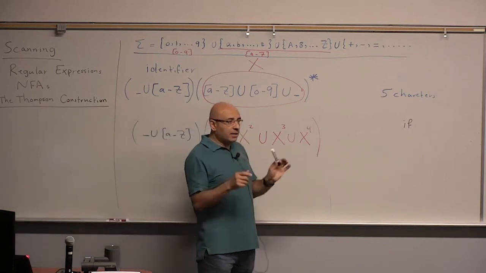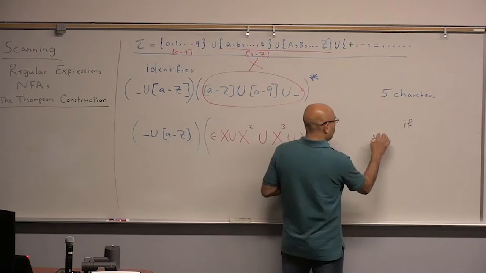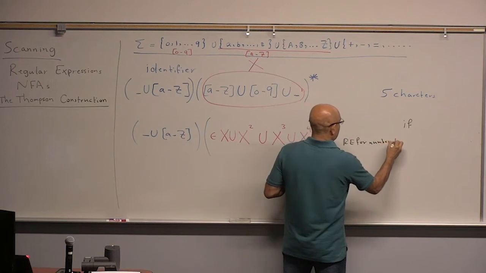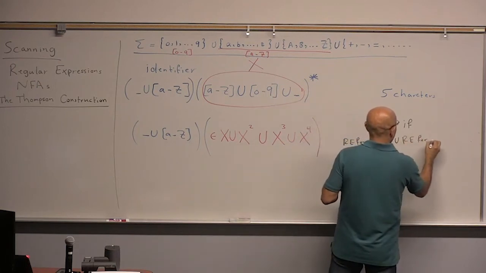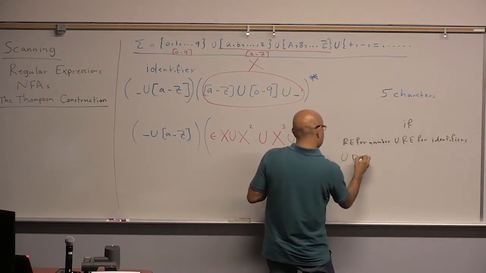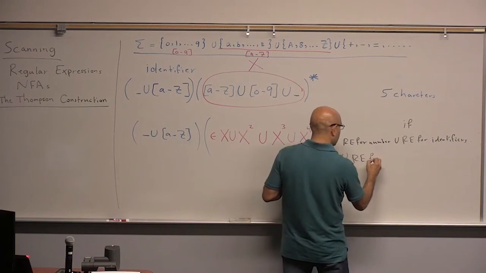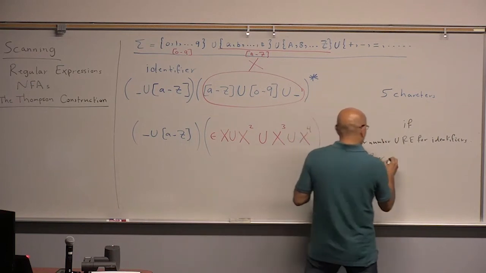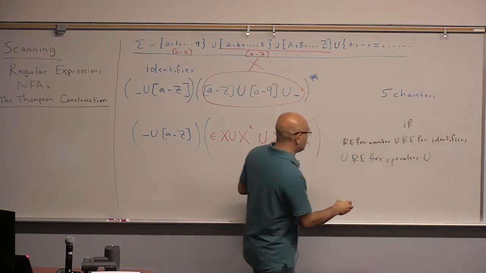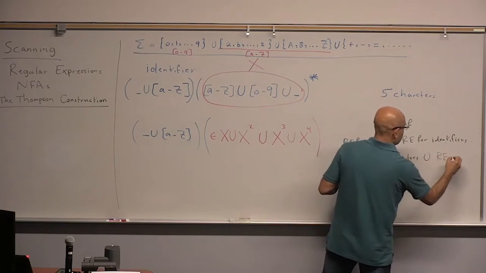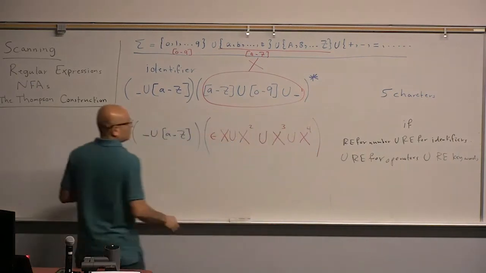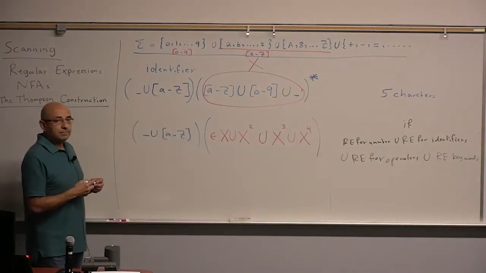So a regular expression for the whole language is regular expression for numbers, union, regular expression for identifiers, union, regular expression for operators, union, regular expression for keywords. Right? So it's just the union.